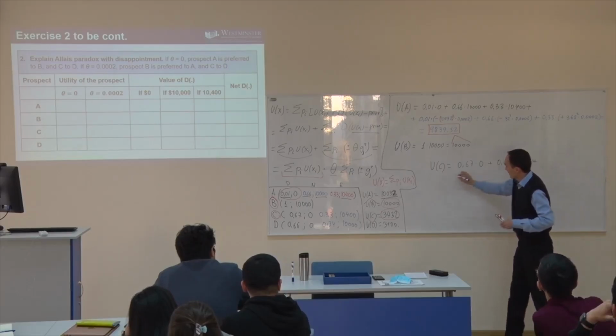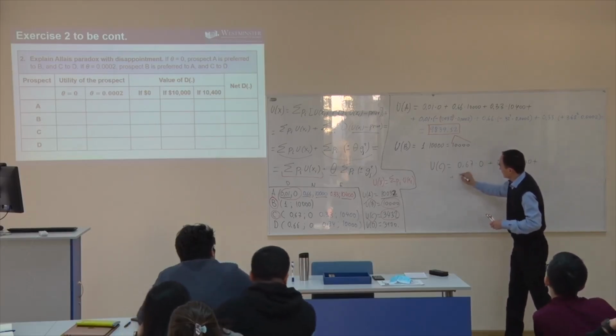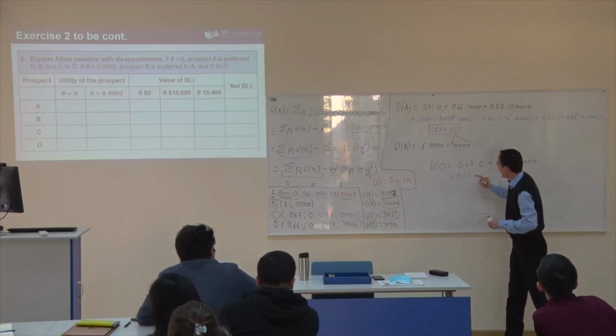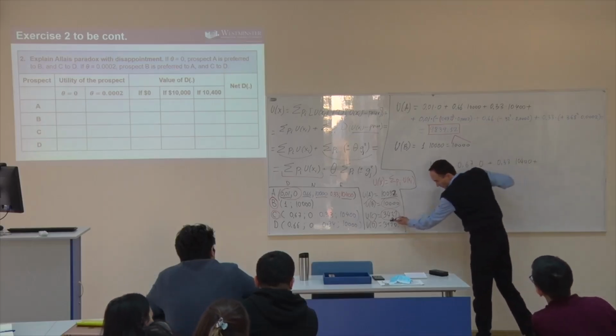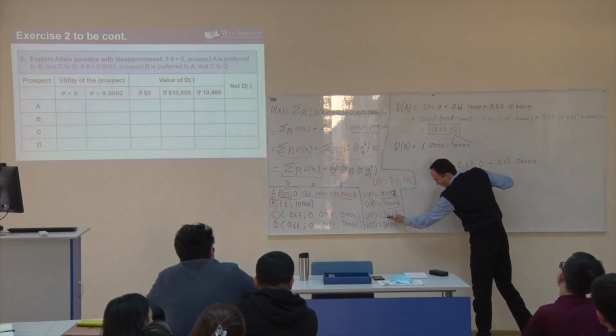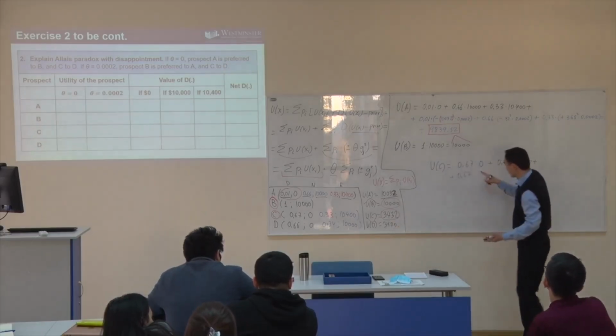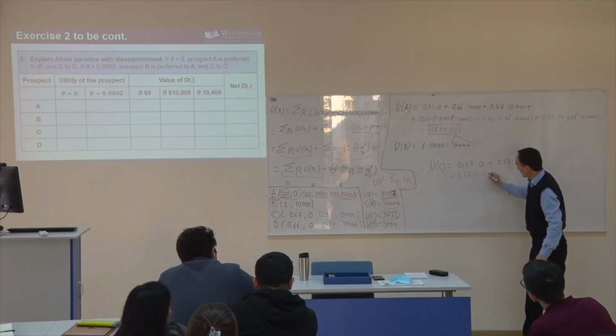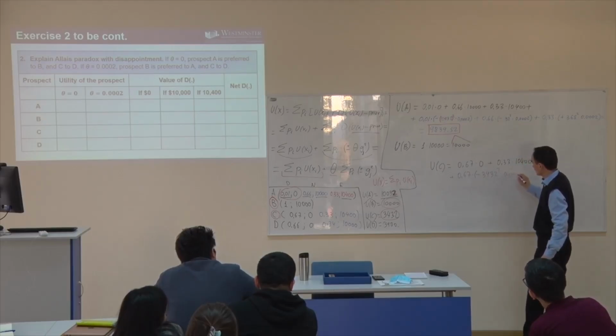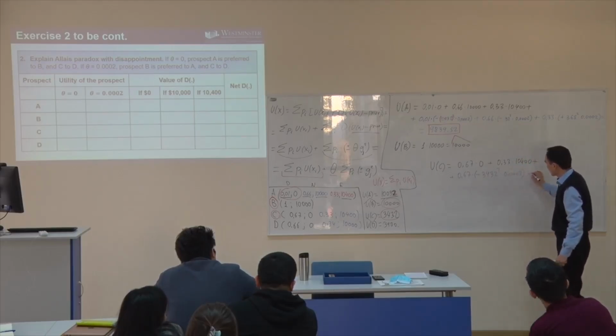Now, plus, there is 67% probability of 0. Our expected utility is 3,432, so it is negative. Negative 3,432 squared times theta 0.0002, plus.